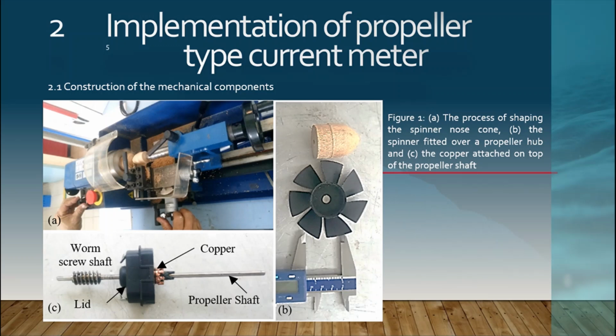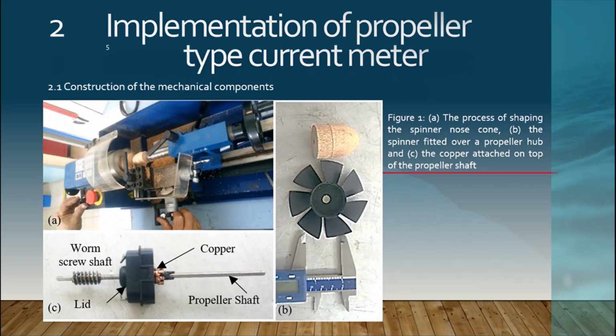Figure 1 shows the process of making the prototype of the propeller type current meter. A. The lathe machine was used to craft the juncture wood, 2 cm by 3, into a dome shape known as the spinner nose cone. Sandpaper was used to smooth the spinner after shaping so that it lifted over the propeller hub.